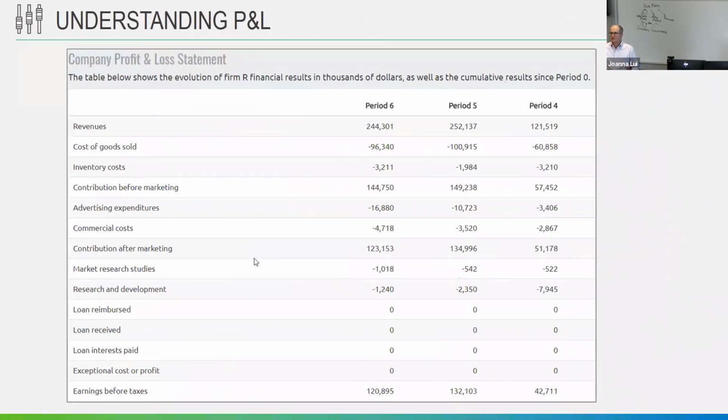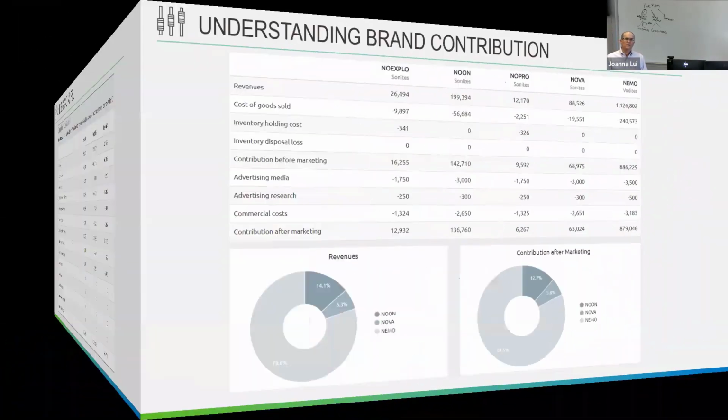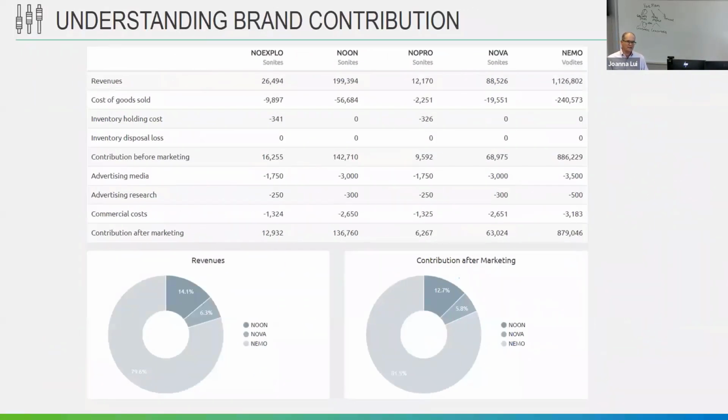Markstrat provides all kinds of financial information for you in addition to market research that you'll be able to get about the customers, the channel partners, even your competitors. You can get profit and loss statements that are consolidated by period, like this example here. You can get them by brand, so you can see which of my brands are contributing the most, and just slice and dice it up as much as you want.